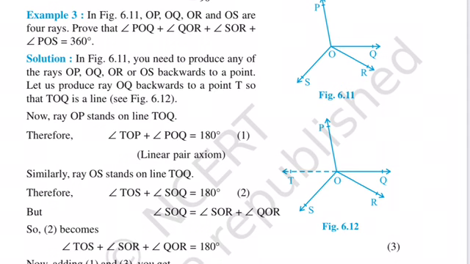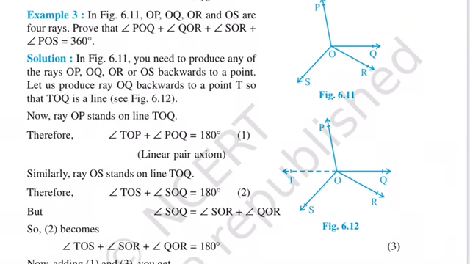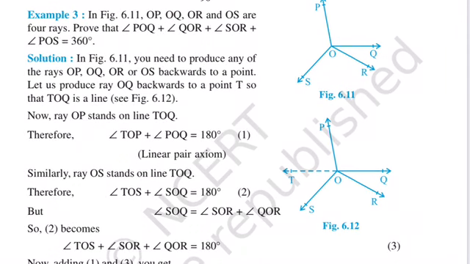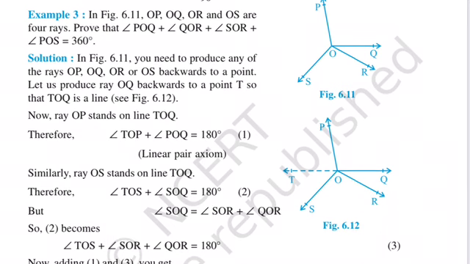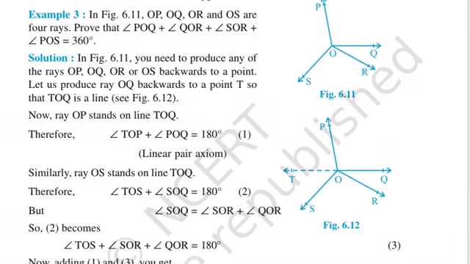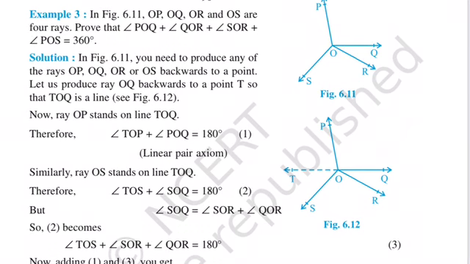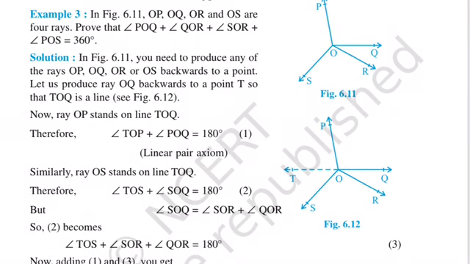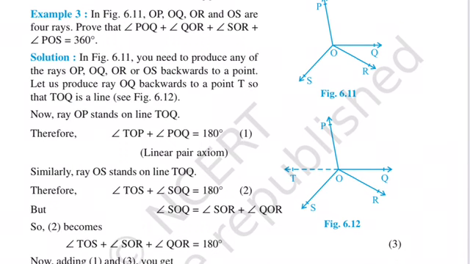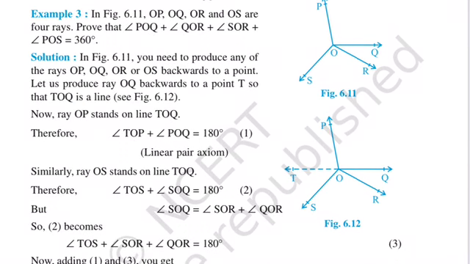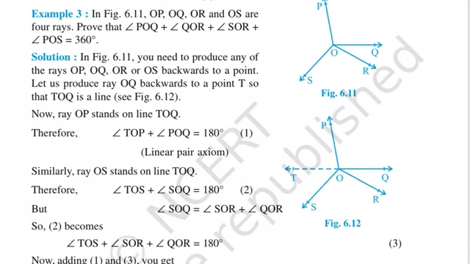In figure 6.12, there are now one angle is angle POQ, second angle is angle QOR, next angle is angle SOR, then angle POS, then angle POT. And one very important thing is here. What?